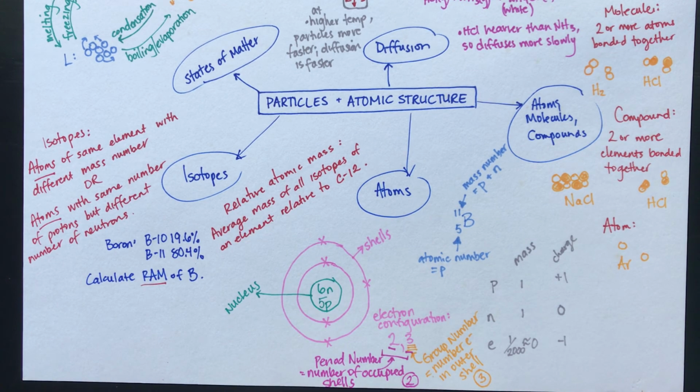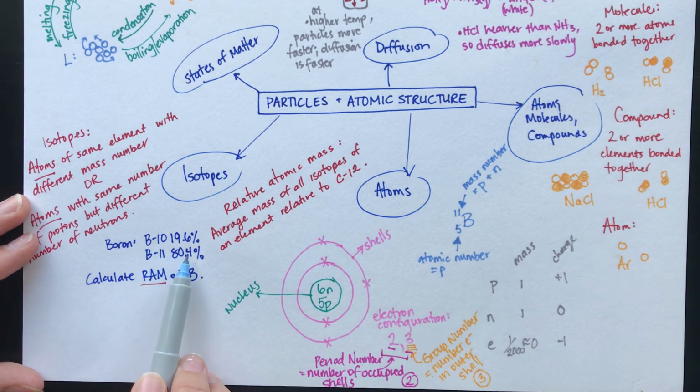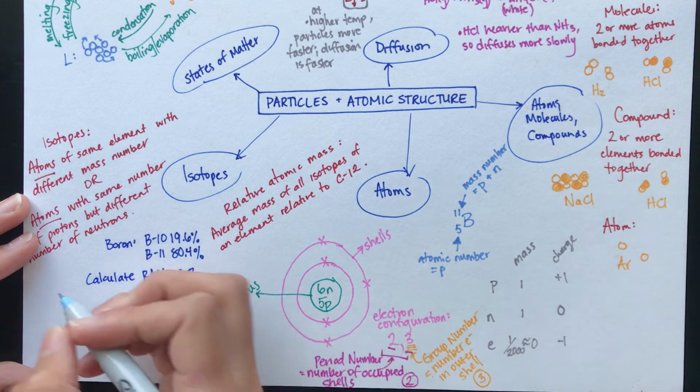All right, so let's solve this guy then. To do a weighted average, we can't just say it's halfway between 10 and 11, so it's 10.5. That doesn't work because most of them weigh 11. Our relative atomic mass has to be closer to 11 than it is to 10. So the way to do that is to simply do the mass times the percent for each one and then add them up.